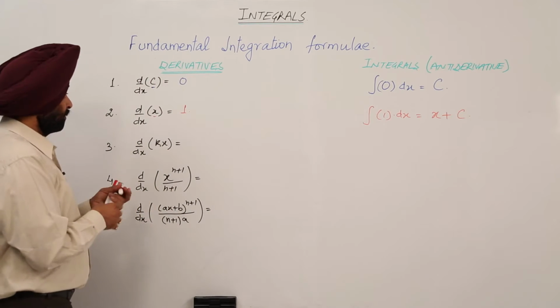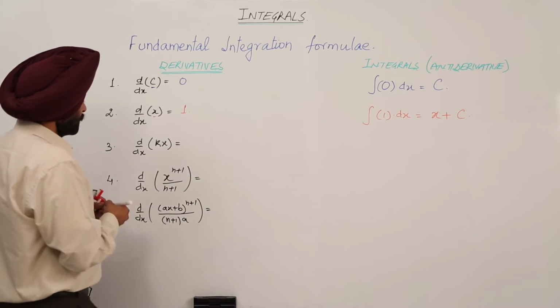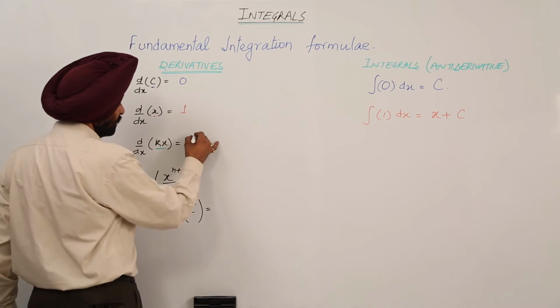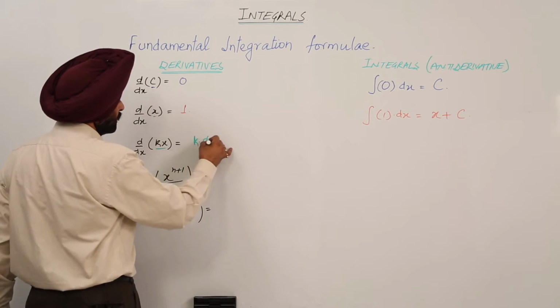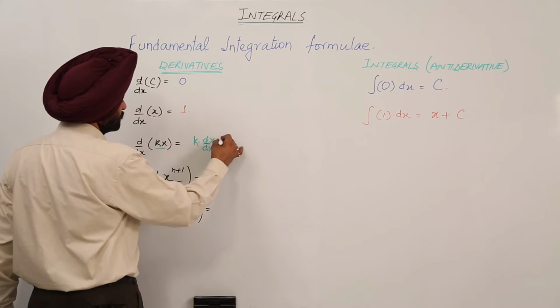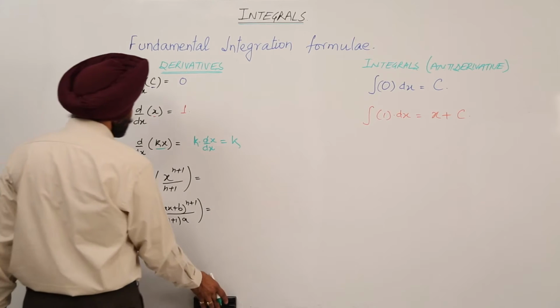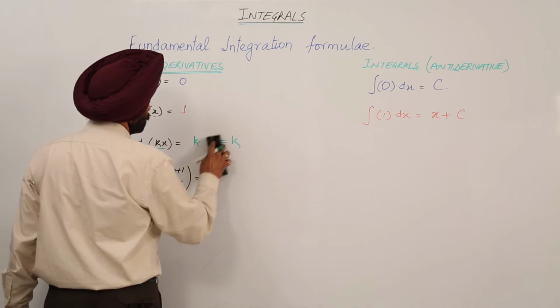Then d by dx of kx: we write k with d by dx of x, and it is k. So d by dx of kx is k.